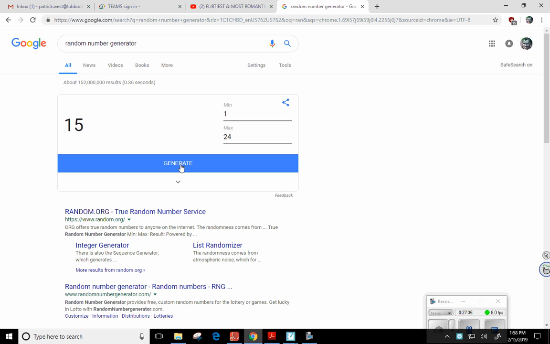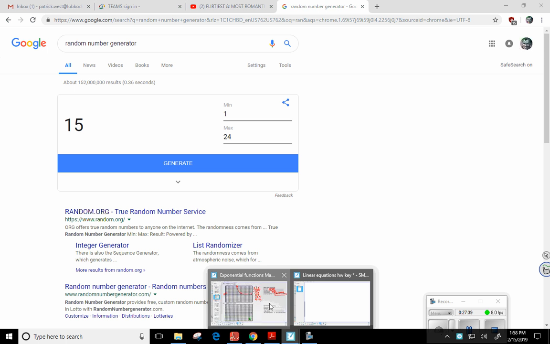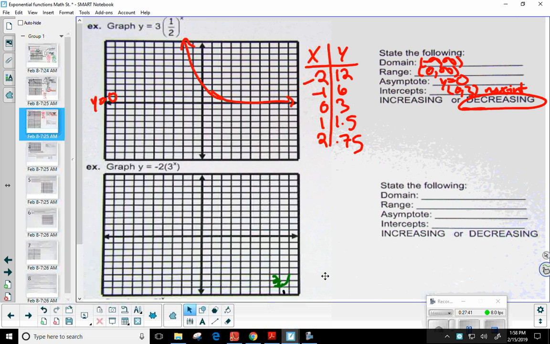I believe that's Gabby. All right. Okay, so she says negative 2/9 is correct, yes?